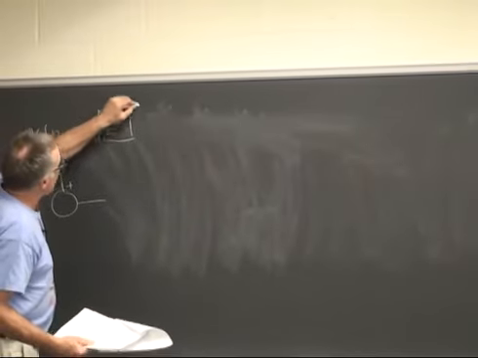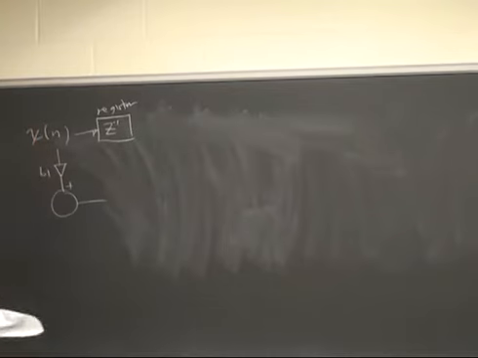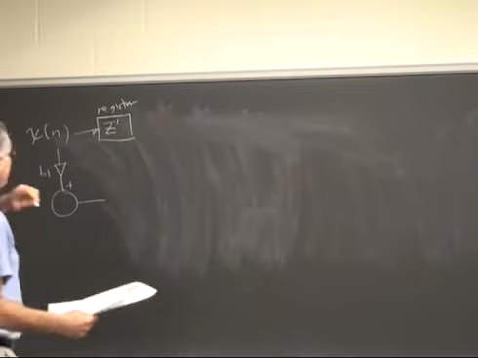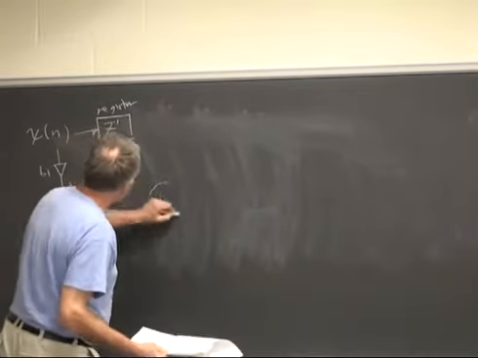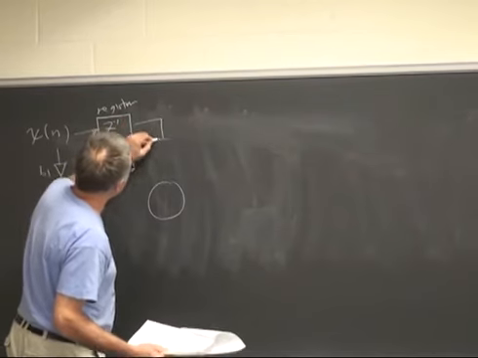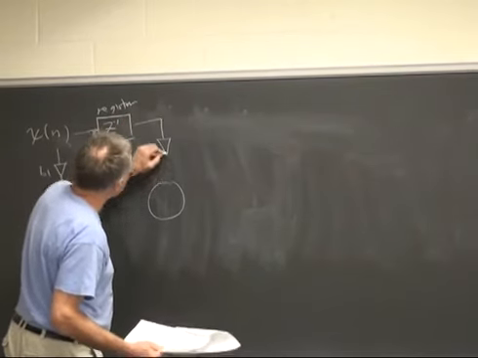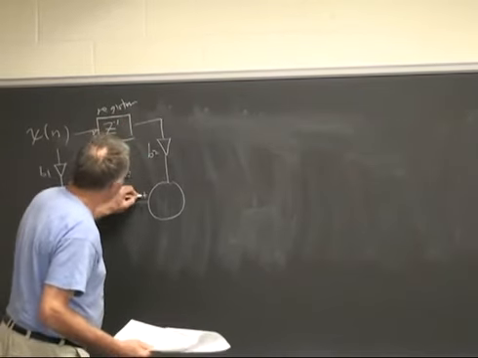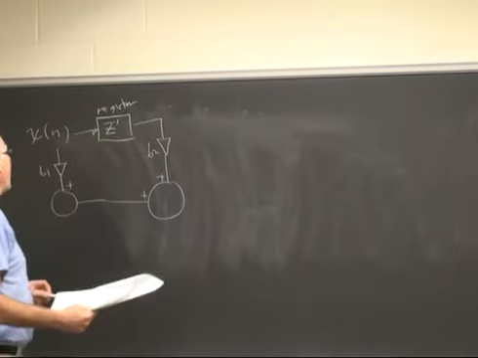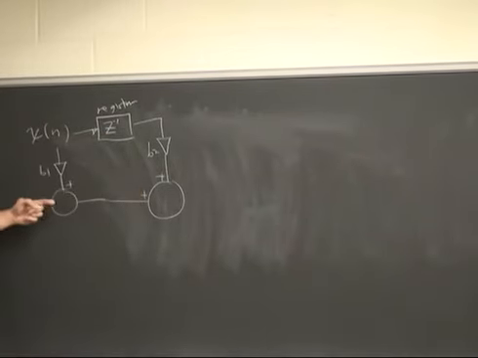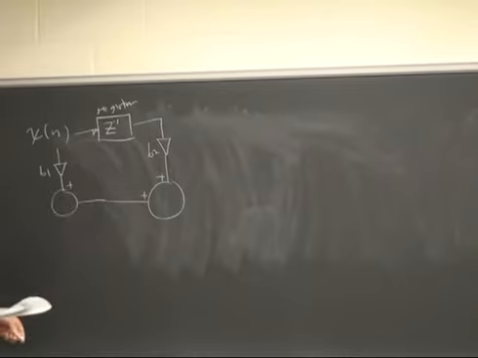We're going to feed xn into a register, a full width register, sometimes referred to as a z-1. The output of this register is going to be multiplied by B2 and then added to the output of this multiply.